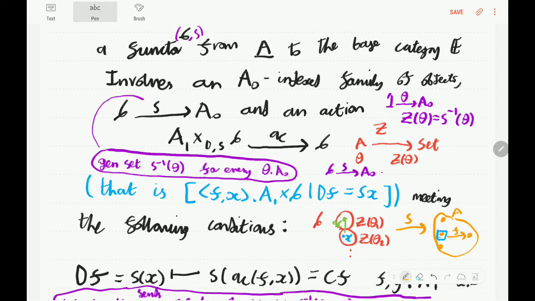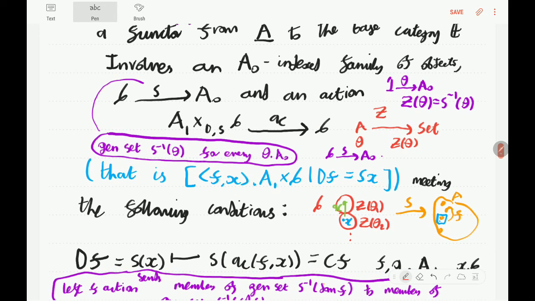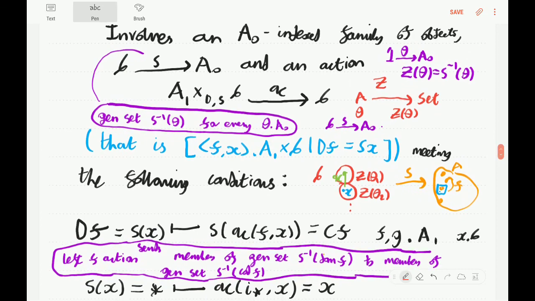Okay, I should probably draw it like this actually, so it all matches up. Okay, so this is the collection of stuff, and then that action just sends this back into zeta. But we want to have different conditions on this action.